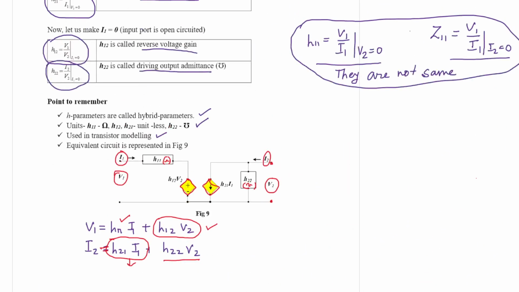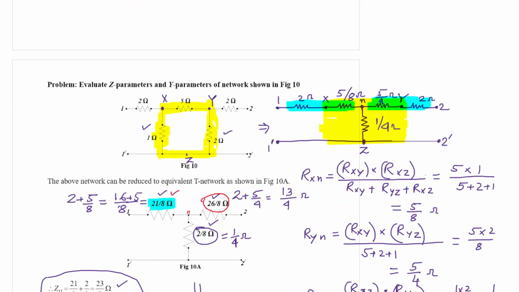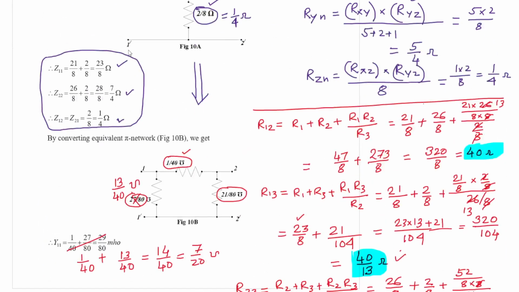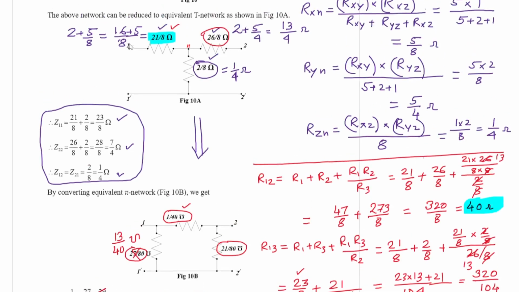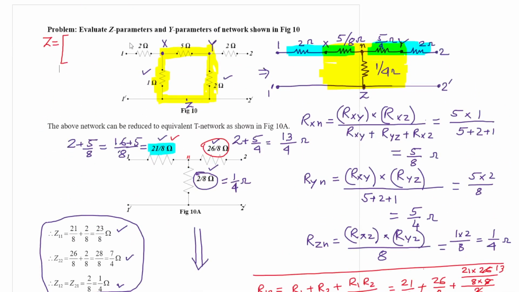In gist, if a network is given like this, its equivalent Z parameters are evaluated as: Z11 is 23 by 8, Z12 is 1 by 4, Z21 is also 1 by 4, and Z22 is 7 by 4.